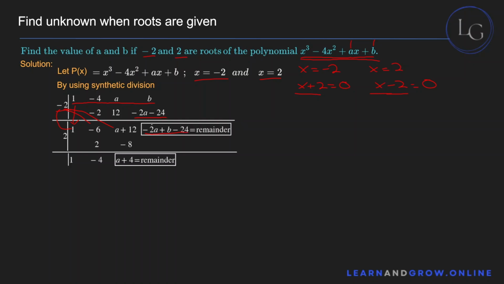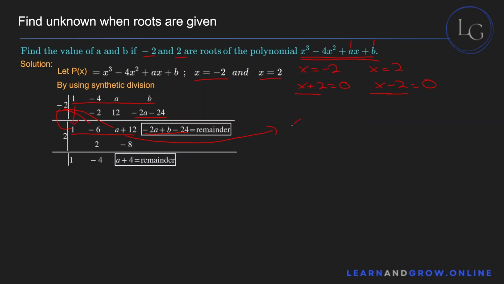Now, obviously, you'll ignore the remainder and look at the coefficients. These three coefficients over here are basically the coefficients of the quadratic term that x plus 2 is being multiplied with.